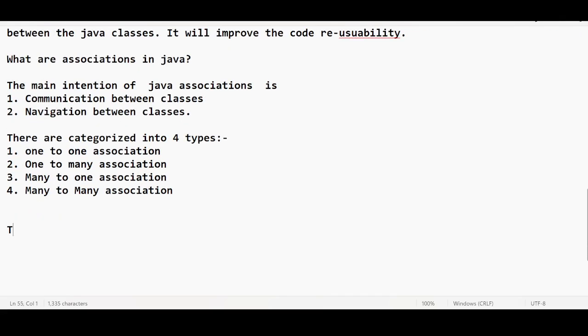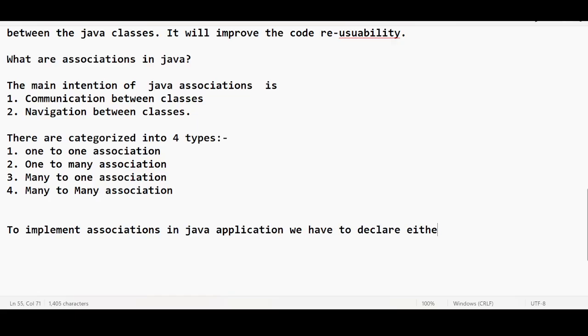Next thing is to implement associations in a Java application. We have to declare either a single variable or an array of variables of one class in another class.